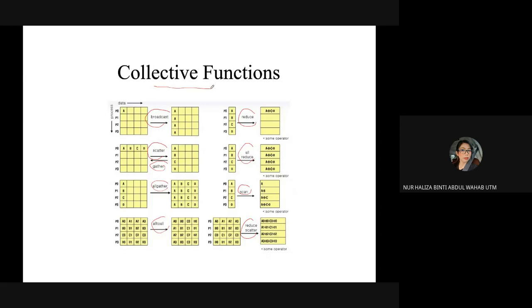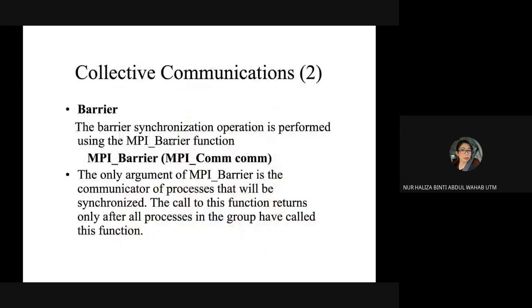You can see how your communication will look if you are using broadcast, scatter, gather, all gather, all to all, and so on, in the figure shown here. So what is the function of MPI barrier? The barrier synchronization operation is performed using the MPI barrier function.